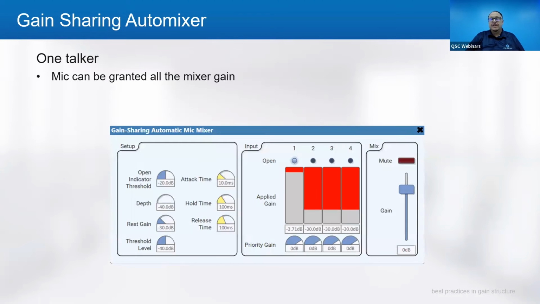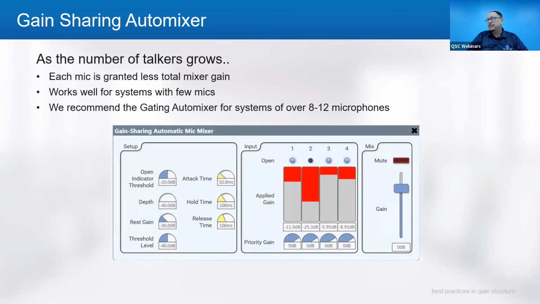Then as microphone 1 starts to talk, it will be given all of the mixer gain. As you add more microphones talking, so here we have 3 to 4 people talking, they're sharing that gain amongst them, hence the name gain sharing auto mixer. So that's the way it works on that one.